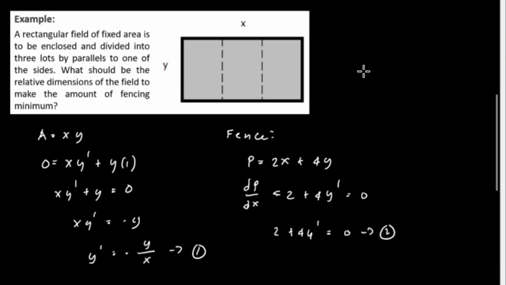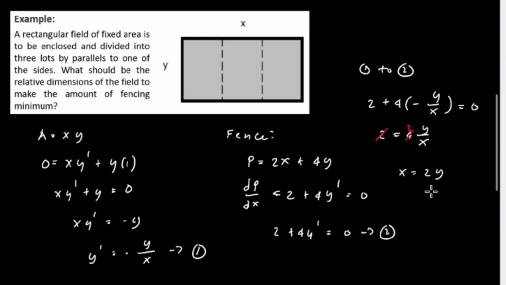We substitute equation 1 to 2, and this will be 2 plus 4 times y prime, which is negative y over x, and this is equal to 0. 2 is equal to 4y over x, and we cancel out 2, so x is equal to 2y.